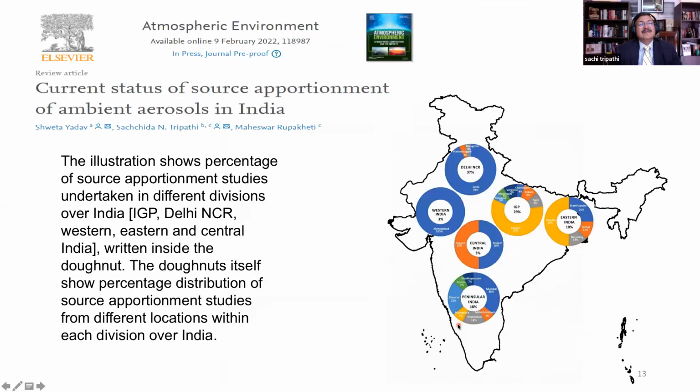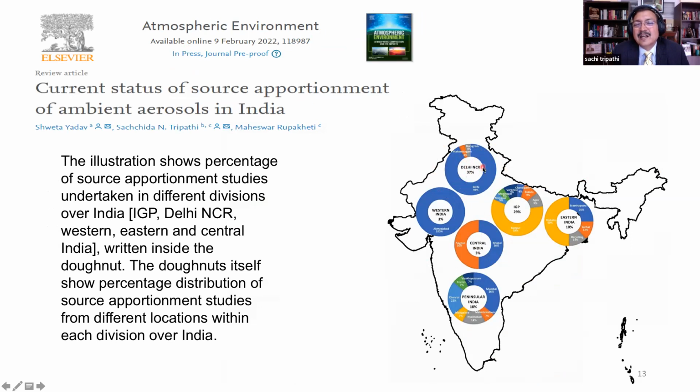Okay. This plot shows the fractional contribution. This is a donut plot, and within the donut, the center shows the contribution of source apportionment studies done over Delhi as a fraction of all studies done over India.